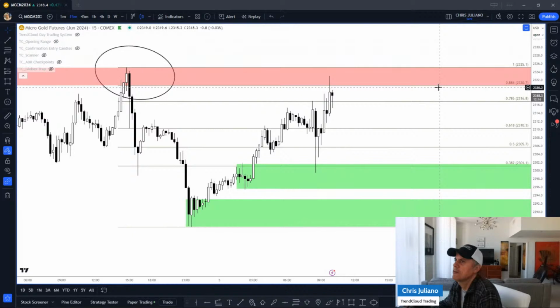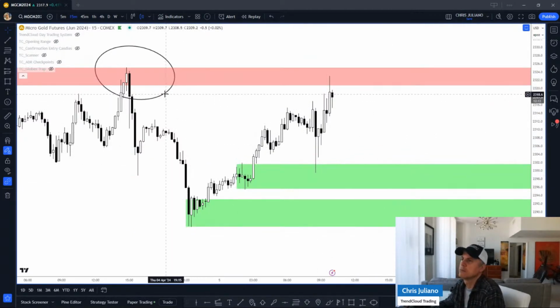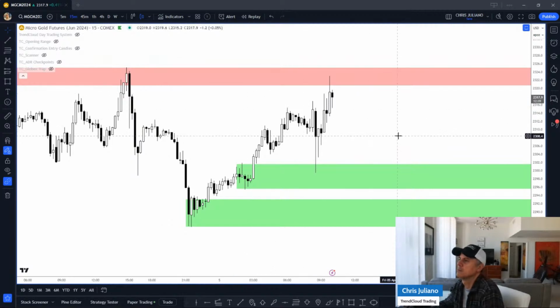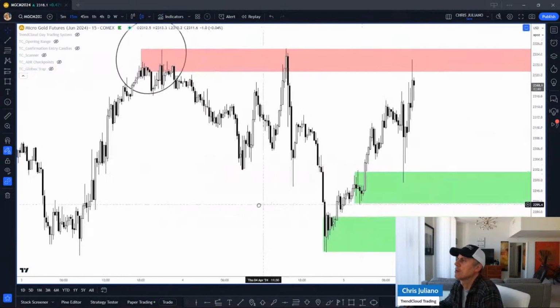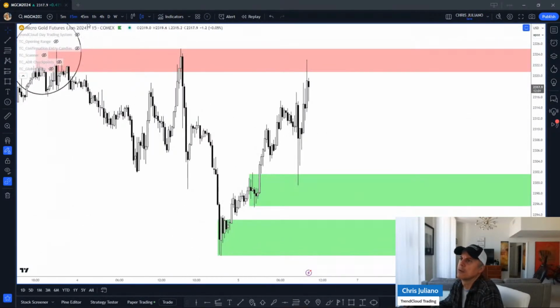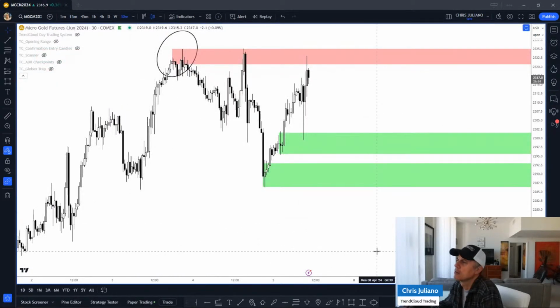Hit that 886. Let's recalculate this. Let's take a look at a 30-minute chart. We definitely have a lot of buyers sitting in there, right?